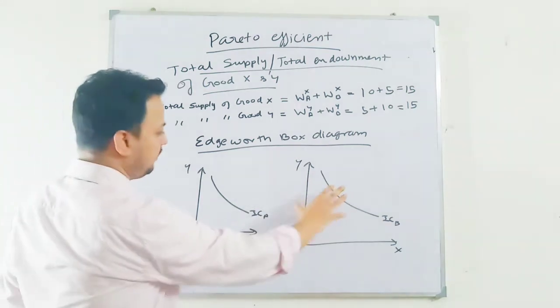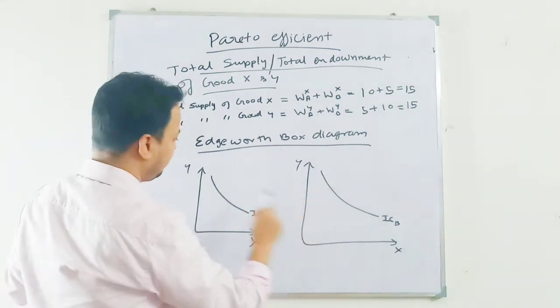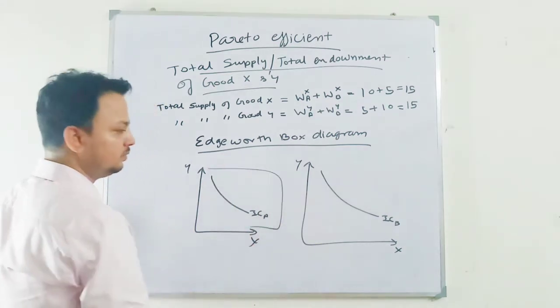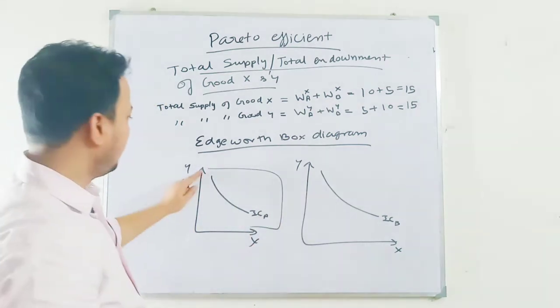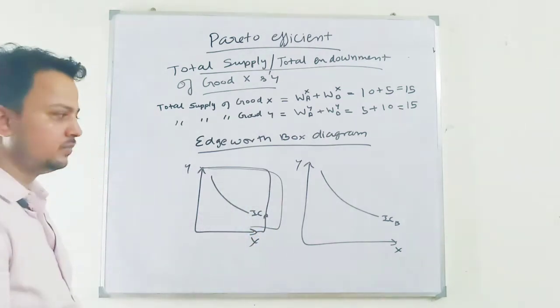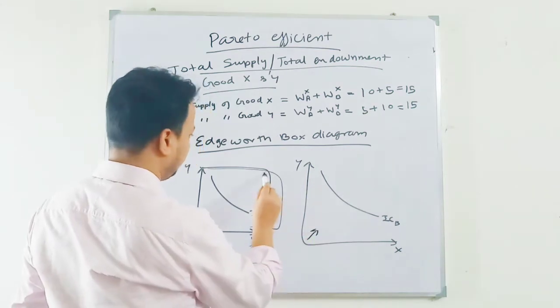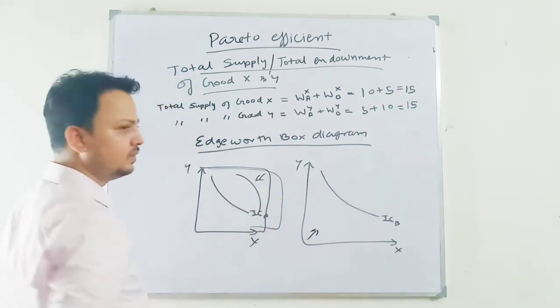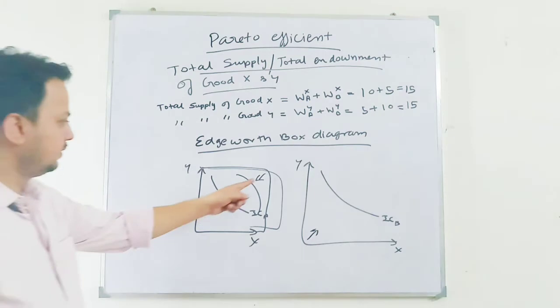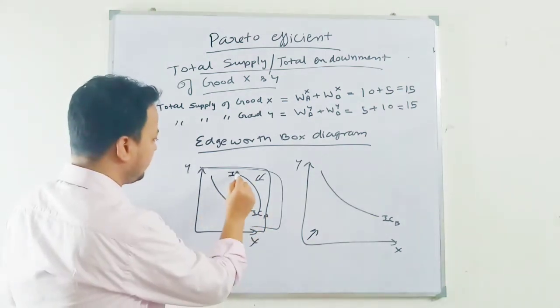What I will do is invert this graph and put it here. I will get a box, and since I have inverted it, this is the axis. So the graph will be like this. This will represent the indifference curve of B.